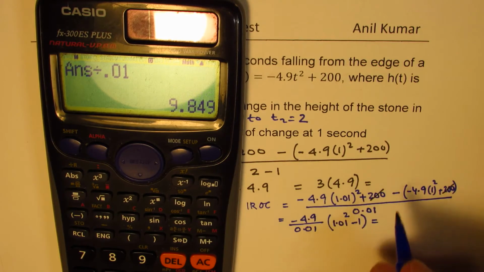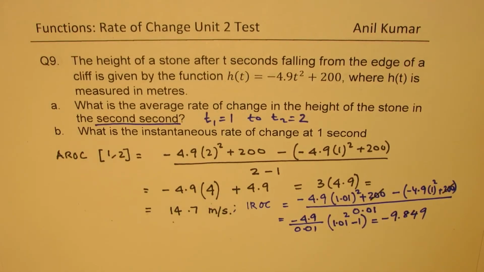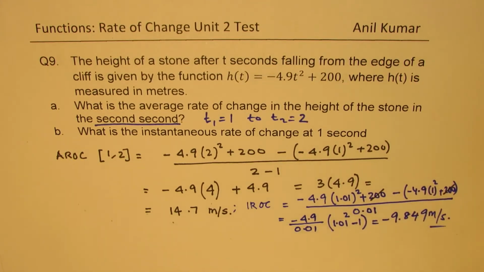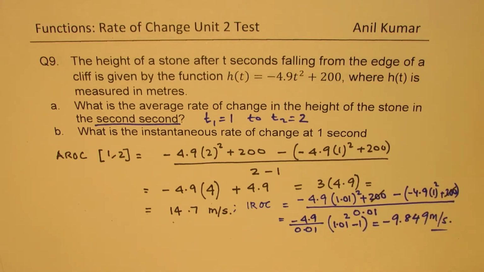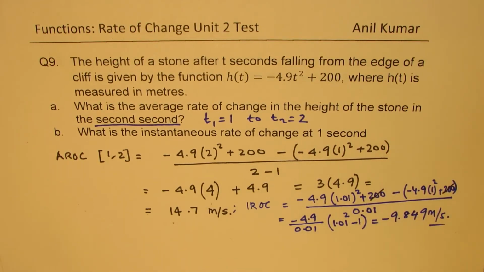So in decimals, this number is negative 9.849. So that is our answer. It is so much meters per second. Is it clear to you? So that is how you will do it. So approximately 10 meters per second. Minus indicates that the object is falling, right? And therefore it is on the negative side, rate of change.